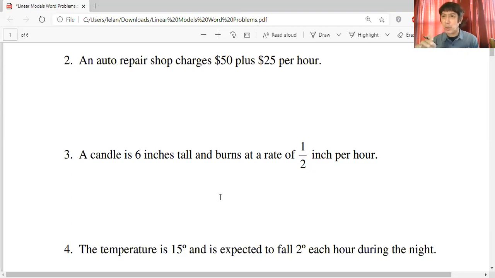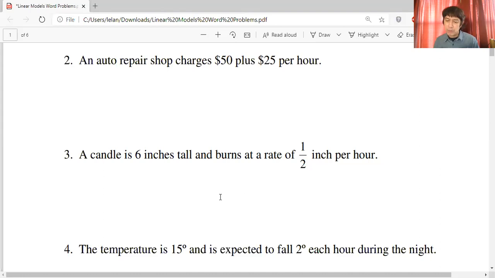So that should be the 25 here. The variables we're going to use are C for the cost or charges, in dollars, and t for the time, in hours.